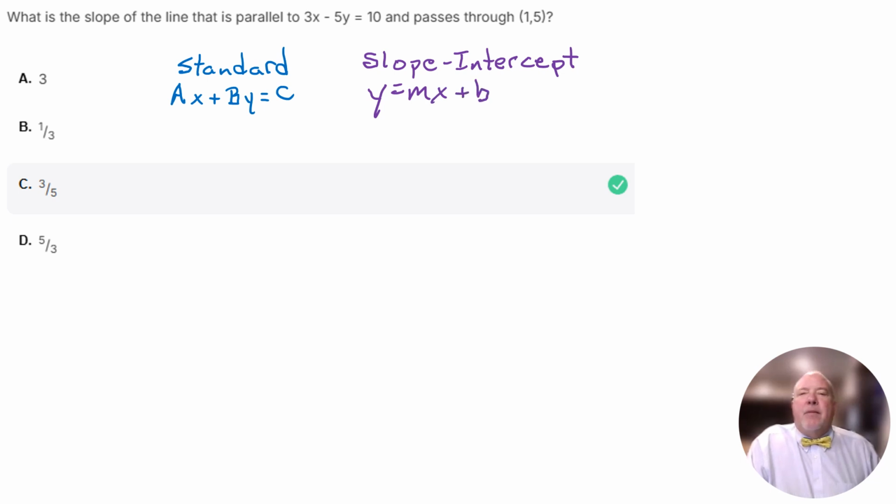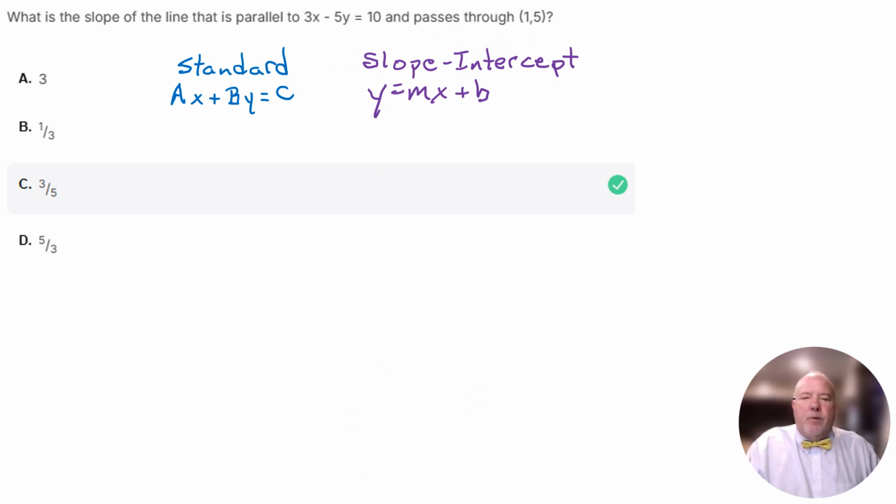And this form is a lot more useful because the m and the b actually give us useful information. In slope-intercept form, the m is the slope and the b is the y-intercept. So if we can get this equation into this form, then we'll know the coefficient of x is the slope, and that'll give us our answer. And again, we don't need to use this point that it goes through.